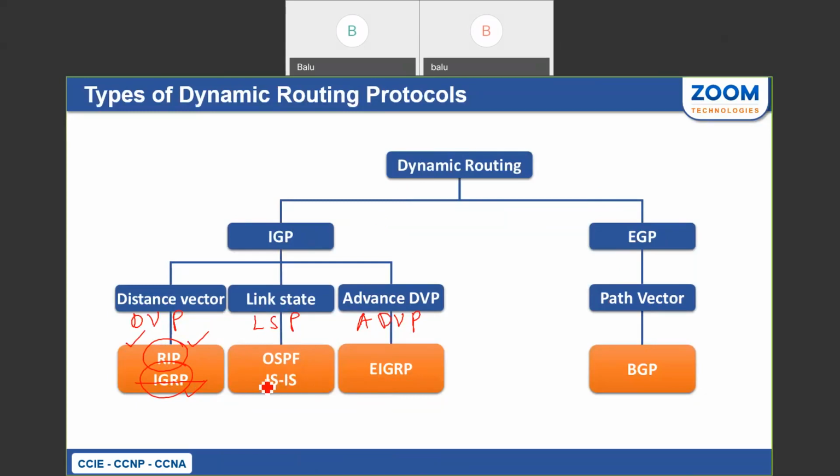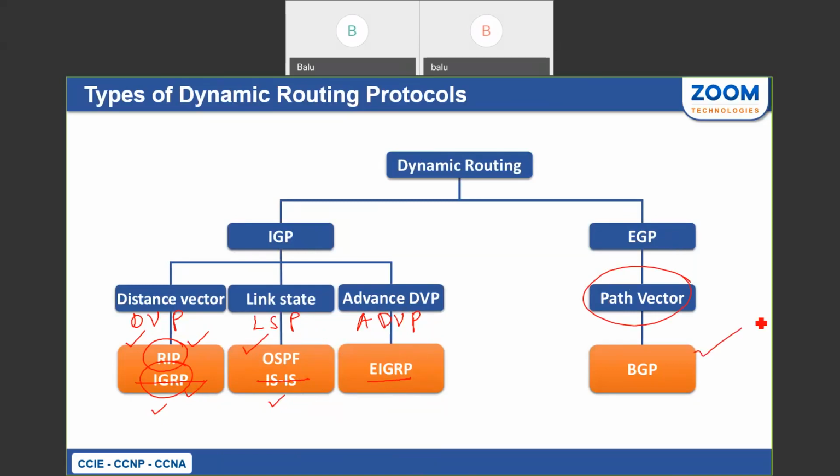Generally, IS-IS was modified into OSPF. EIGRP, the advanced distance vector protocol, can also be called a hybrid. Combining the advantages of RIP and OSPF, one protocol was prepared: EIGRP is a hybrid protocol. In path vector, the one and only protocol is BGP, the Border Gateway Protocol.